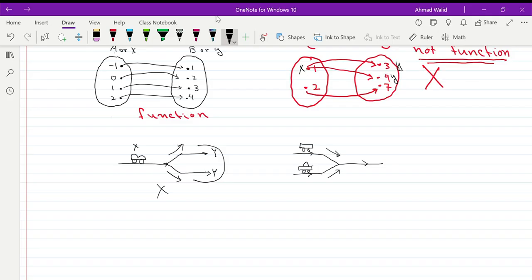You are coming from a road and you merge onto the freeway and the other cars are also coming. It's possible. This represents a function. But this one is not a function. Correct? I hope it is clear now what a function is.